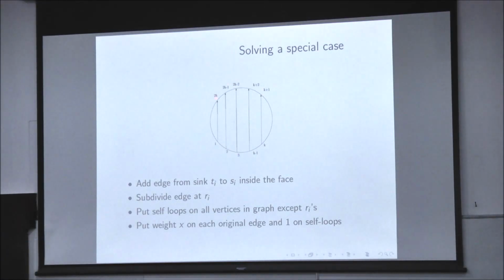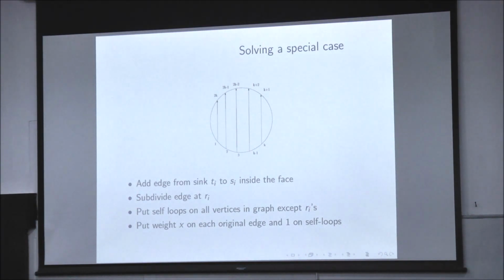So there is a path from 2k to 1 here. I don't know whether you can see the numbers here, but from the sources to the corresponding terminals, those are the only paths possible. One can show that if there is a path from say Si to Tj, then there must exist a crossing of the graph, and that is not possible because these are disjoint cycles in the plane.